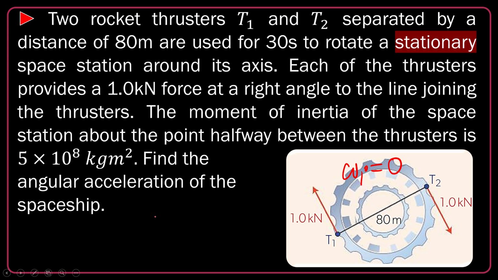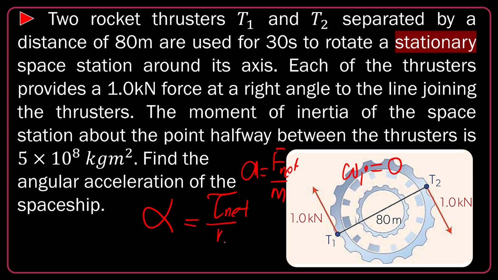Okay, angular acceleration is alpha. I remember acceleration was net force divided by mass. So angular acceleration is the brother of that: net torque divided by I, the brother of mass, the moment of inertia. Okay, the net torque is very easy because this is a couple. I just multiply one of the forces by the separation.